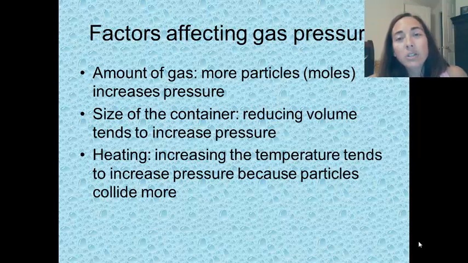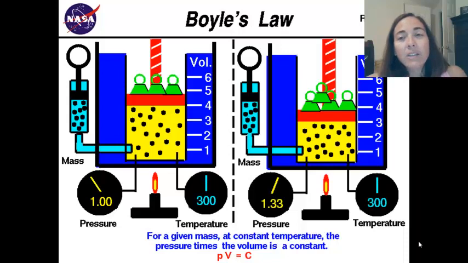The more energy the particles have, the more collisions they'll have, and that's going to change your pressure. So let's look at these variables along with pressure two at a time and come up with the equations to represent them.